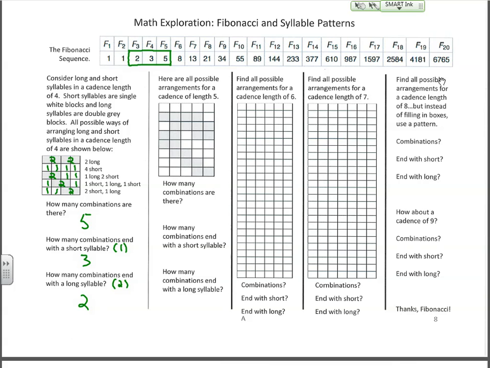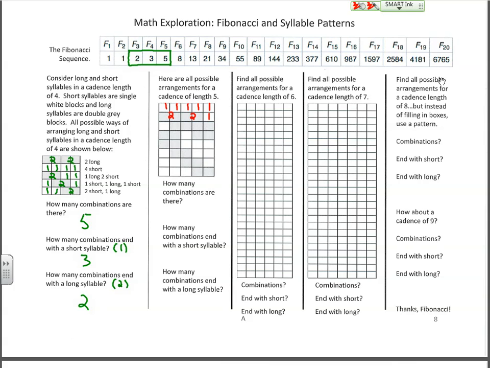And the next one, we have all the possible arrangements for a cadence length of 5, or all the possible ways to sum 5 using 1s and 2s. We start with 1 plus 1 plus 1 plus 1 plus 1. Or we could do 2 2s and a 1. And here's where, if you remember back in packet 3 or 4, something like that, where you had to draw all the different ways to get to the top of Pascal's triangle, and I said the more organized you can make it, the better.